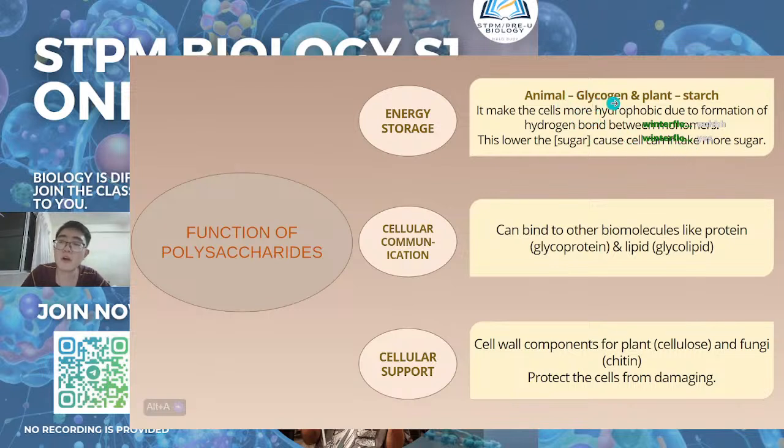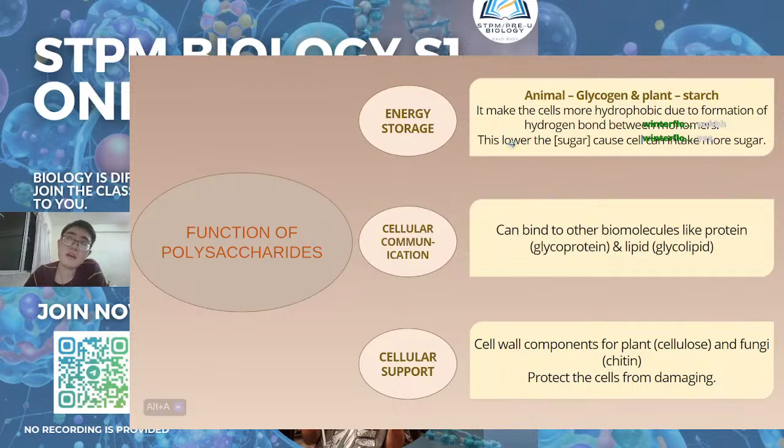If we stored only monosaccharide, not polysaccharide, the sugar we take in could not be too much. It means we would get fat faster compared to having polysaccharide.